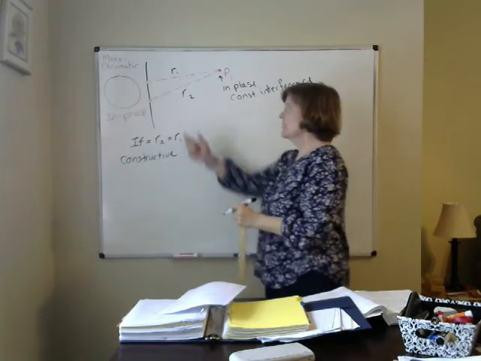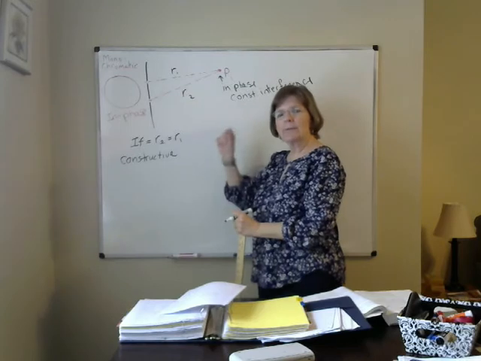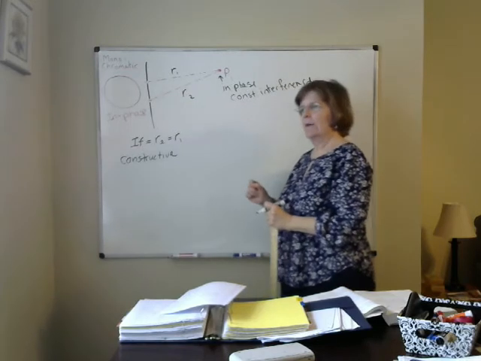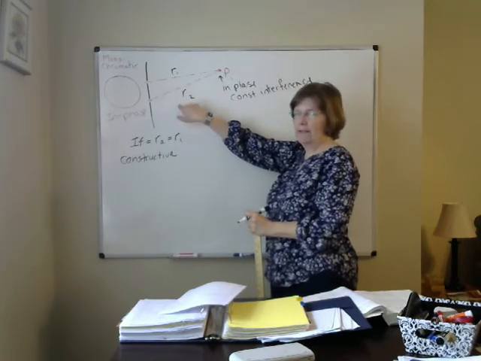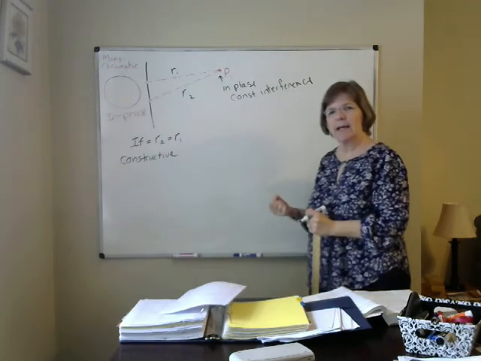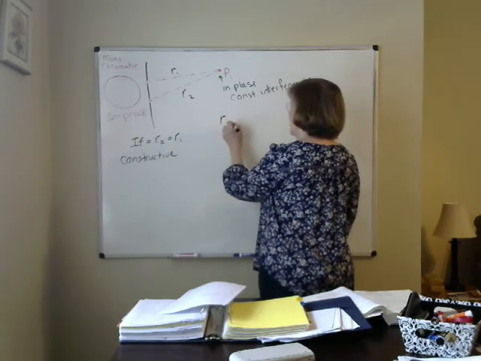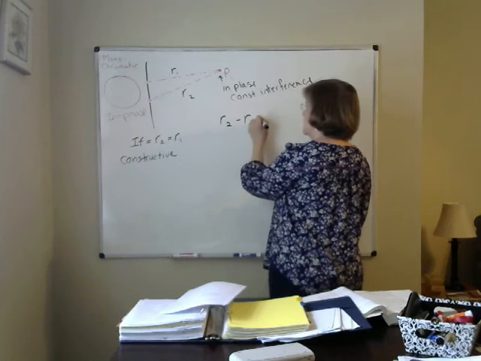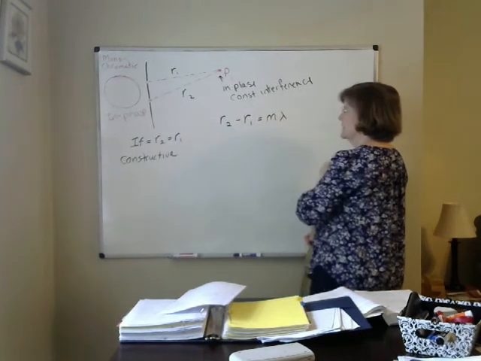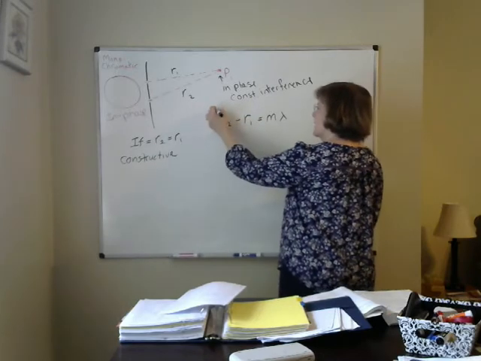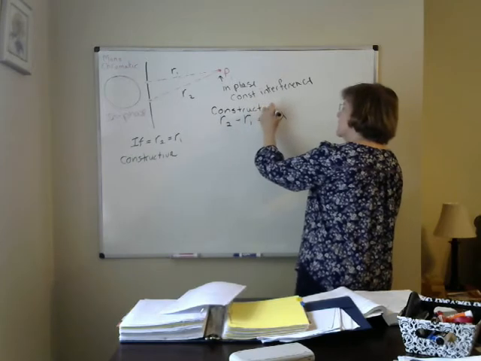If this one travels 5 wavelengths and this one travels 6, they're going to be exactly in phase when they meet there. If this one travels 5 wavelengths and this one travels 7 wavelengths, they'll be in phase. In fact, any time that R2 minus R1 is equal to an integer number of wavelengths, we are going to get constructive interference.